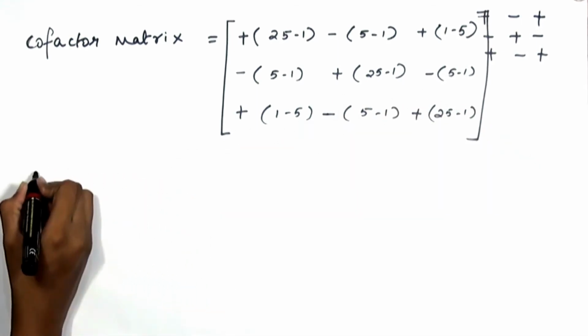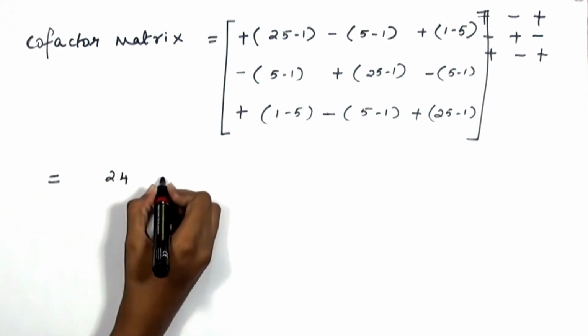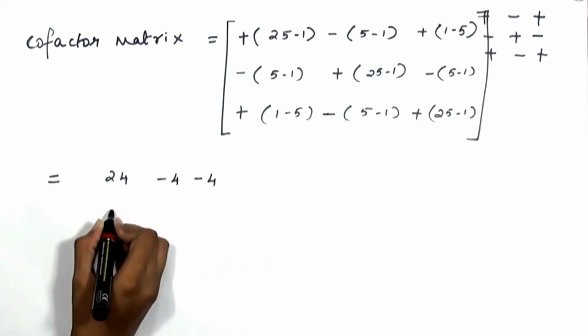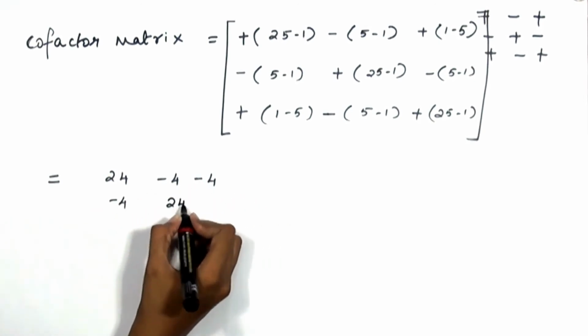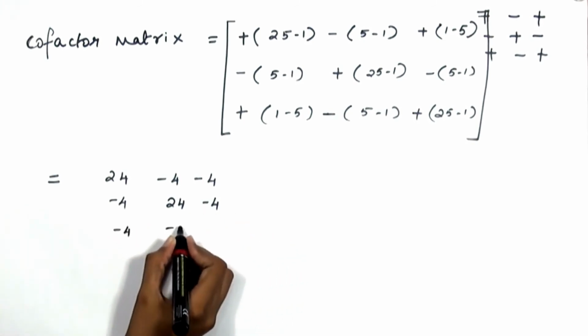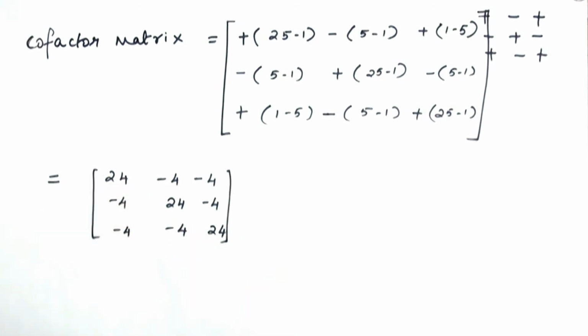So after evaluation, we get 24, minus 4, minus 4, minus 4, 24, minus 4, minus 4, minus 4 and 24. By transposing the cofactor matrix, we will be getting the adjoint A.